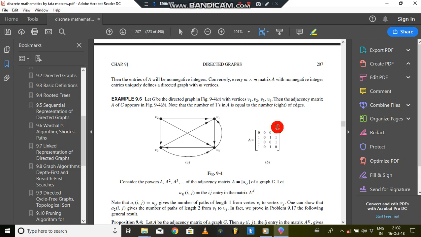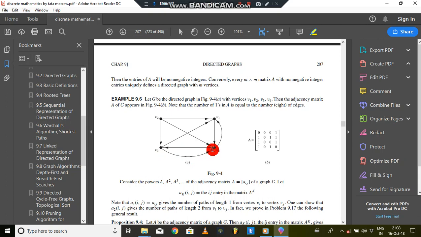What does this indicate? v1 goes to v4, that is why this is 1. Then v2 to v1, so that is why this is 1, and v2 to v3 and v2 to v4. Then v3 to v1, and 0 0, and here is 1 for v3 and v4.